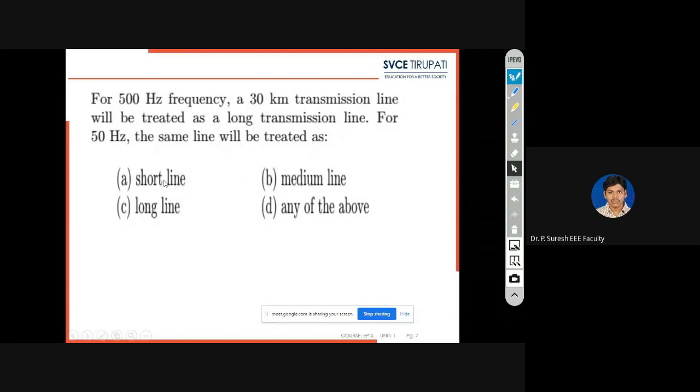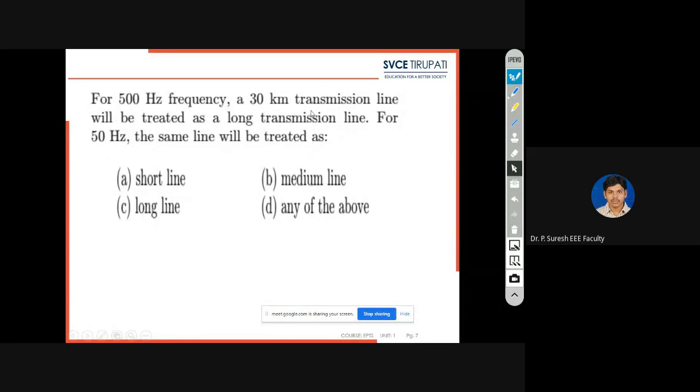The frequency is 500 Hz in the long transmission line, and 50 Hz now. How much is the frequency reduced? Nearly 10 times.